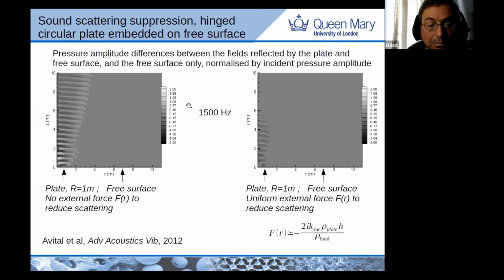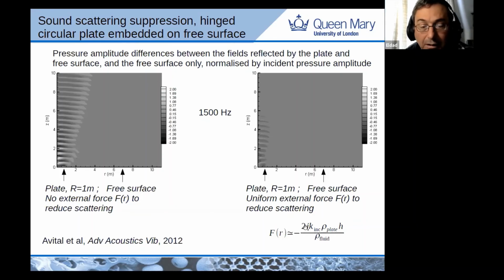The other example that we looked at was the free surface. We asked ourselves what will happen when you have a plate on the free surface. The free surface is over here, and the plate is hinged. Can we put just a uniform external force to reduce the scattering? We actually derived a very simple formula for that, and the answer is yes.